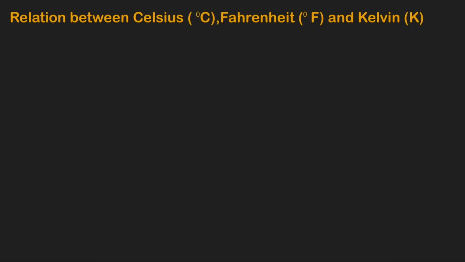Okay, now the next point is the relation between Celsius, Fahrenheit and Kelvin. There is an equation which gives the relation between degree Fahrenheit, Celsius and Kelvin. Here I am writing that equation: (F minus 32) divided by 9 is equal to C divided by 5, where F is degree Fahrenheit and C is degree Celsius.